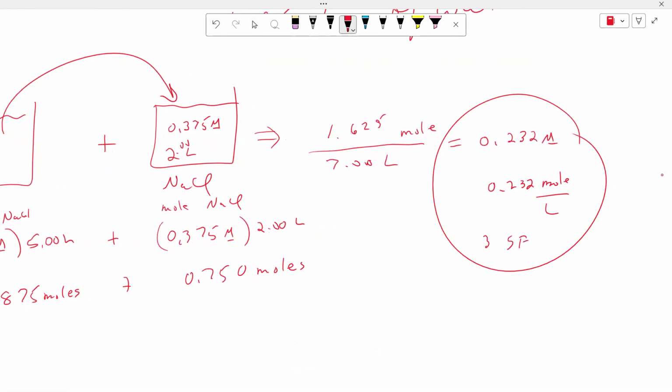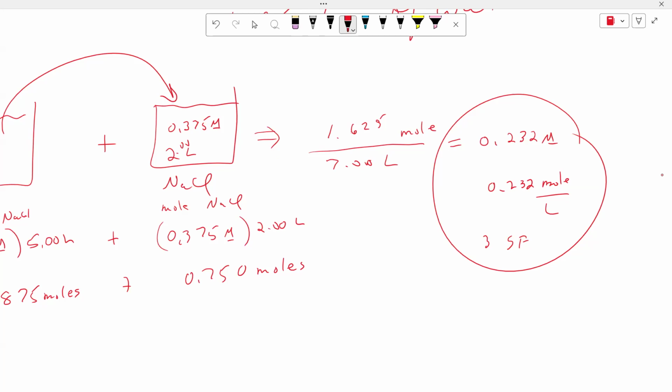So the new concentration is 0.232 moles per liter. So there are 2 calculations here. What's the final volume? What's the total number of moles?